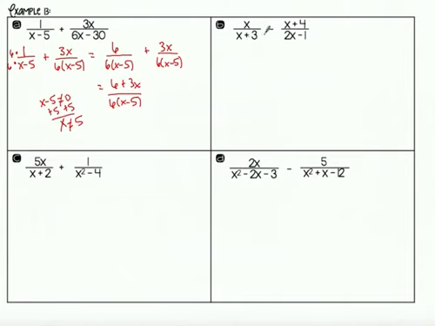On B, I can't factor the top or the bottom. So if I can't factor the top or the bottom, the only way I can get my common denominator is if I just take the denominators and multiply them.